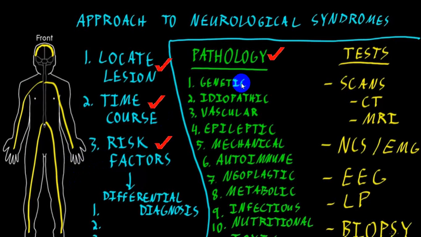As far as the etiology is concerned, there are a good number of different types of pathophysiology like genetic, idiopathic, vascular, mechanical, autoimmune, neoplastic, metabolic, infections, nutritional, toxic, etc. To rule out whether it is central or peripheral, we need CT or MRI, nerve conduction study, EMG.